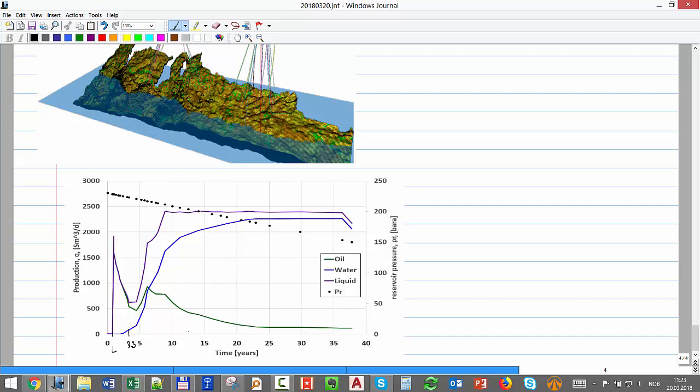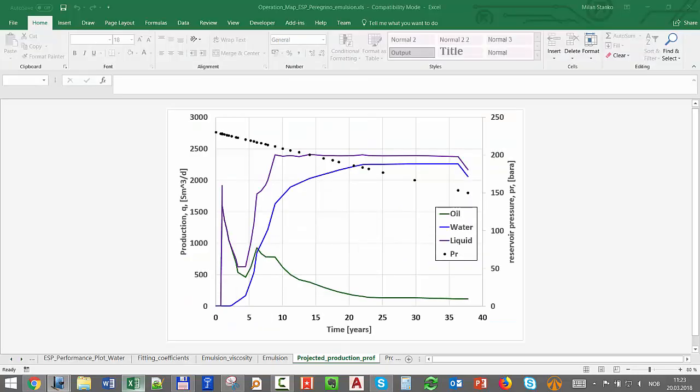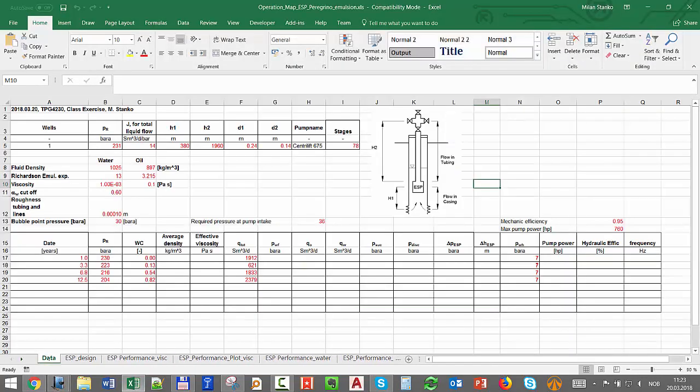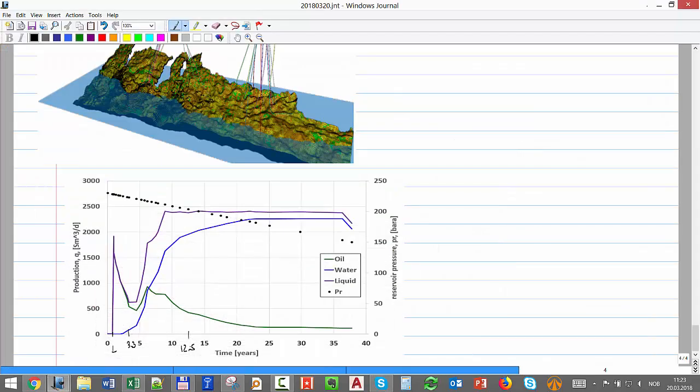Then we have 12.5, it's here, and then the other one was 6.8, so that will be someplace maybe here. For these rates we have the reservoir pressure, we have the rates, and we have to verify how the pump is going to operate.